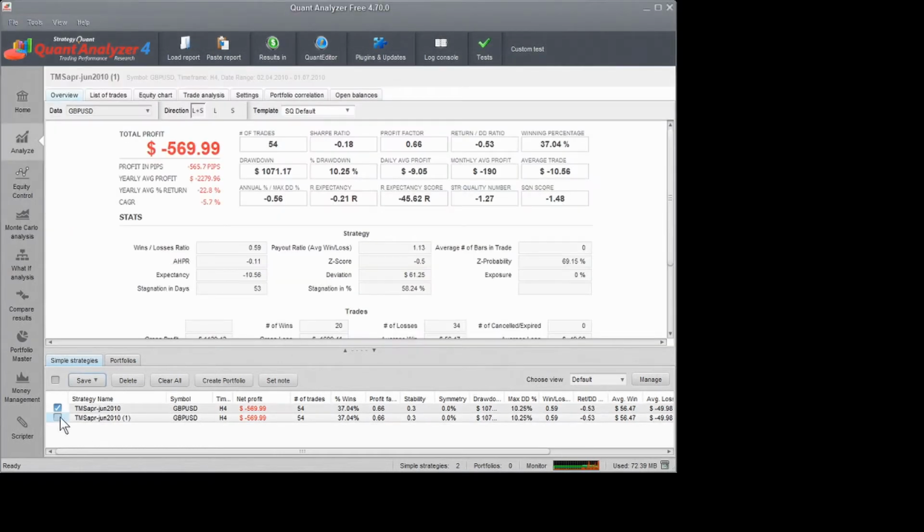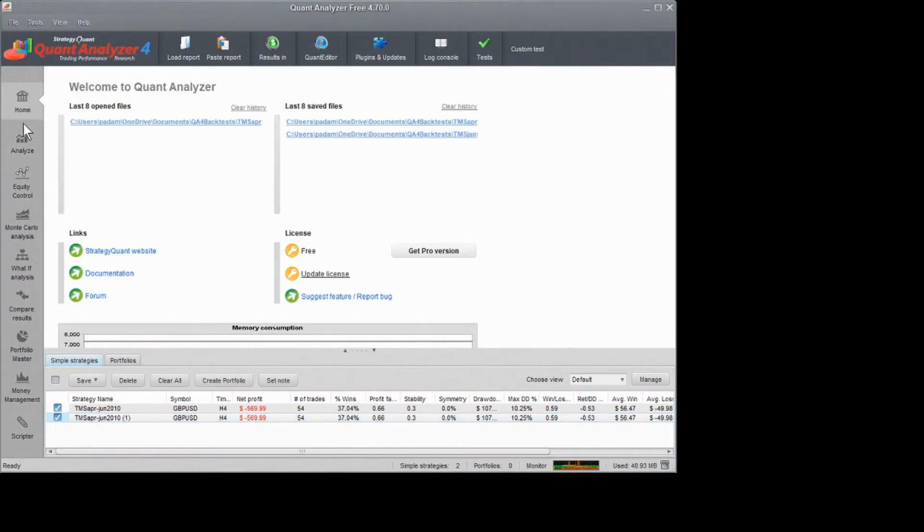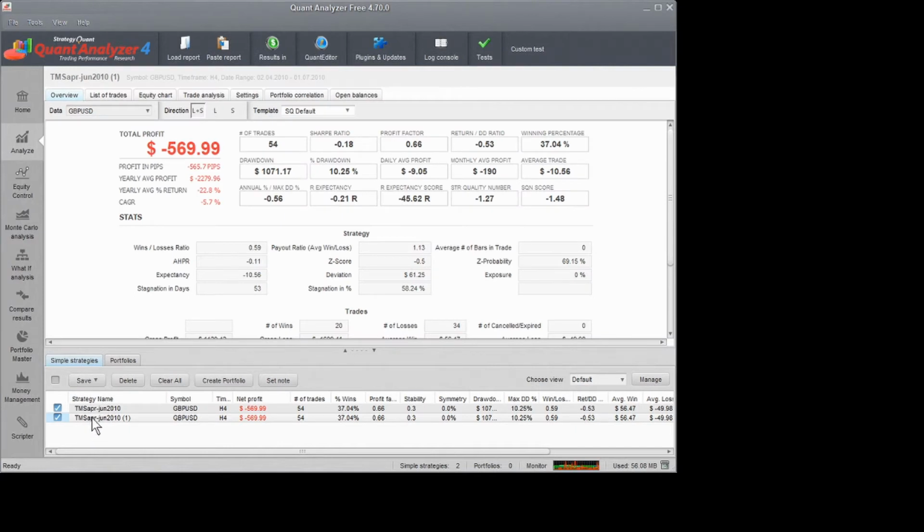Let's see, add those two strategies together, and so far, let's see, we're going to look to see about how the analysis looks. Let's see, that's the analysis. Okay, that's not exactly, that's incorrect, so let me delete that one.